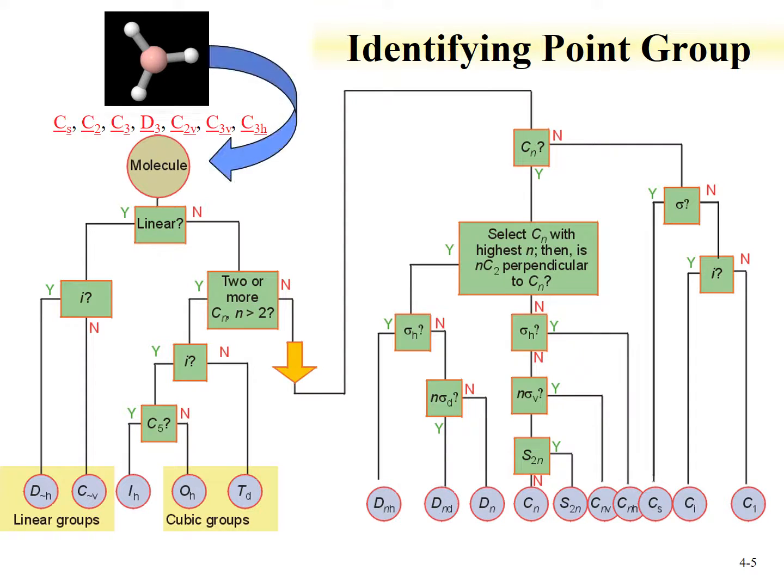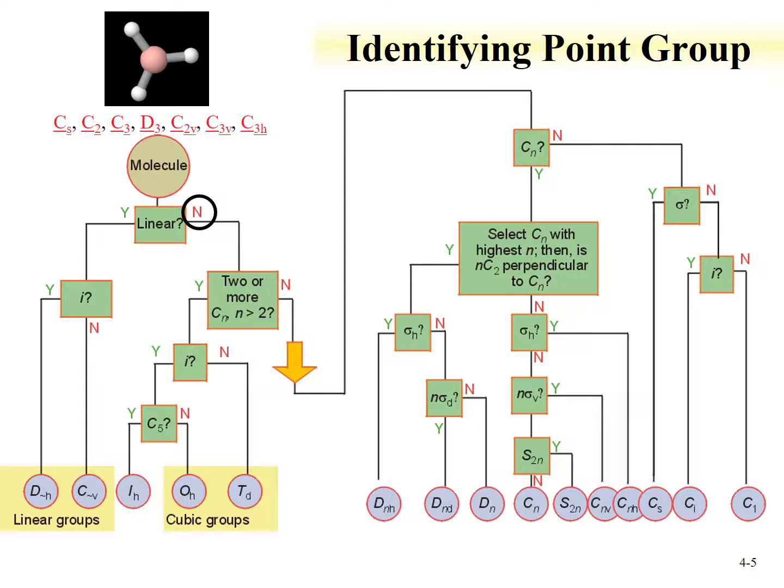So first thing we do, we look at the molecule and we say, is it linear? Well, from inspection, this is not a linear molecule. So we select no. We go to the next step. Are there two or more Cn axes where n is greater than 2? Well, if I were to take an axis right through the center of this molecule, I can rotate it 3 times, 1, 2, 3, around that axis.